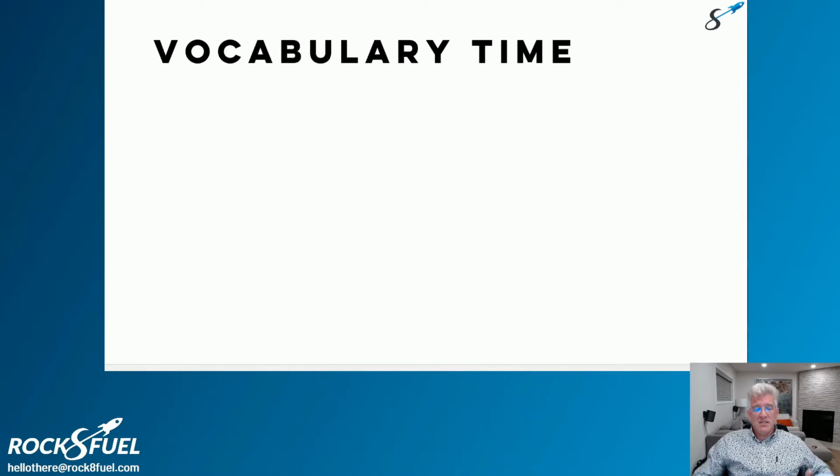Now, let's get some vocabulary out of the way, because telephony has its own language and terminology. So let's go over some basic terms. This is the boring part. Please pay attention. Now, POTS, plain old telephone system.